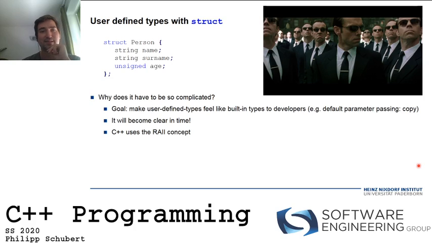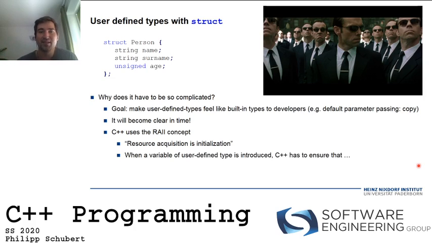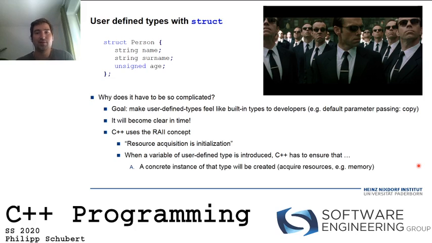Also, please be aware that C++ uses a concept called RAII, which is a funny acronym for resource acquisition is initialization. So when a variable of a user-defined type is introduced, C++ will ensure that a concrete instance of the type will be created.